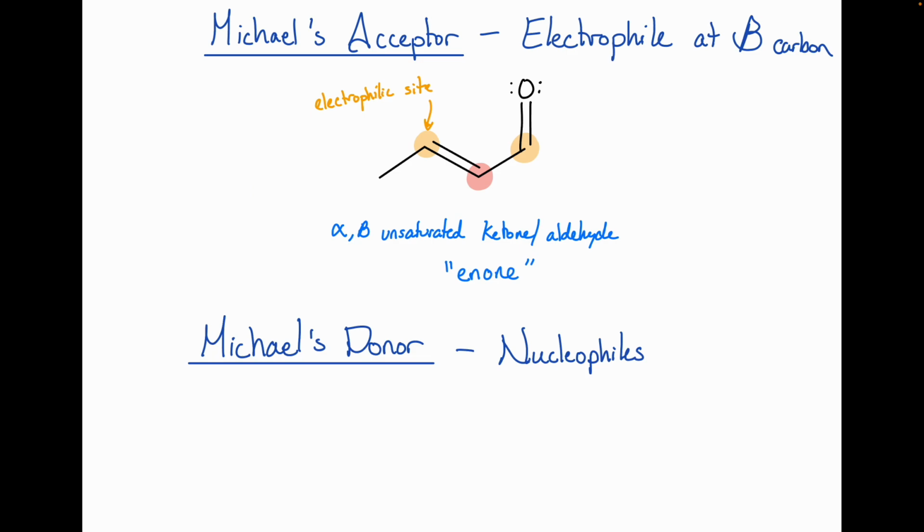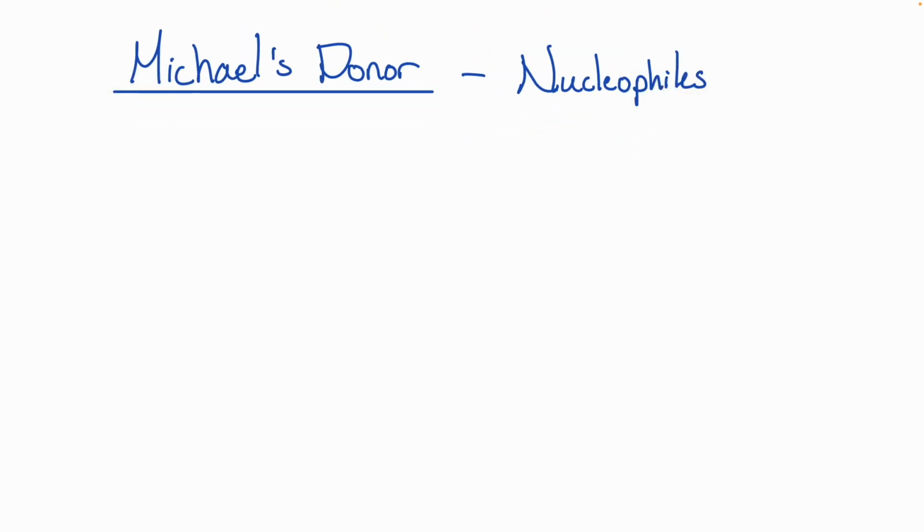For right now, we're just going to introduce one so we can take a look at these reactions and what actually happens. All right, and this is what's called a Gilman reagent. It's another one of those organometallic reagents.